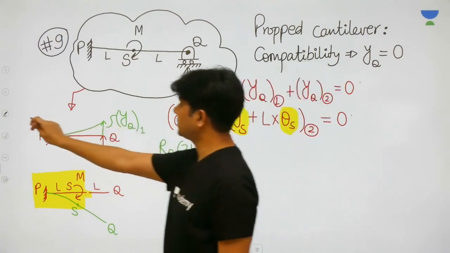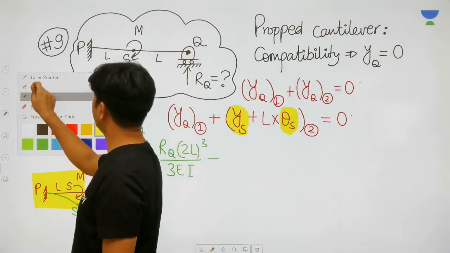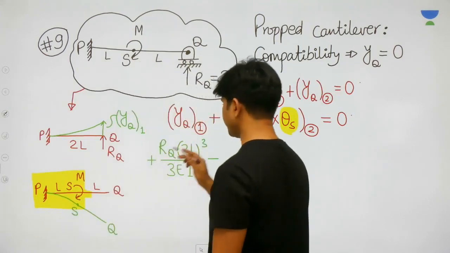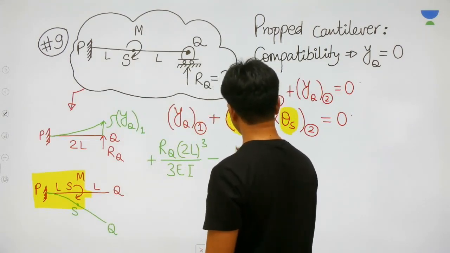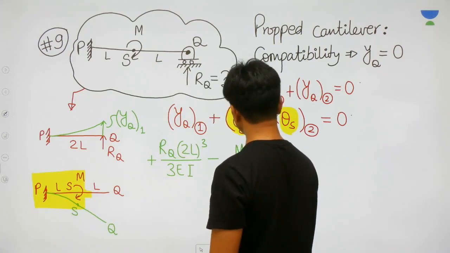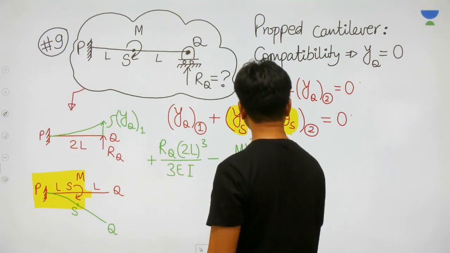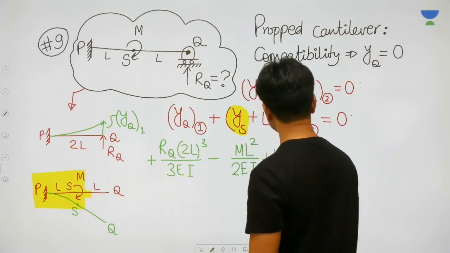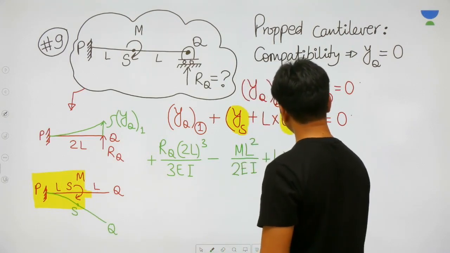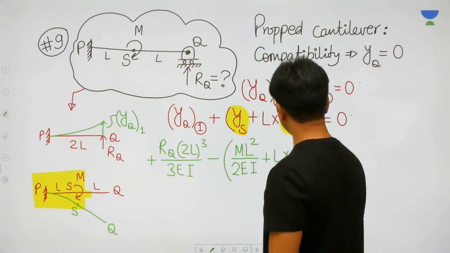So let's go ahead and write them. YS is going to be ML square divided by 2EI, and then my dear friends, we have theta S as simply ML divided by EI.